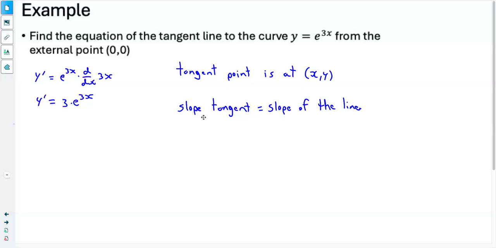So our slope of our tangent, I could elaborate a bit more, is at the location x comma y. It's the same as our slope of a line as it goes through x comma y and 0, 0.